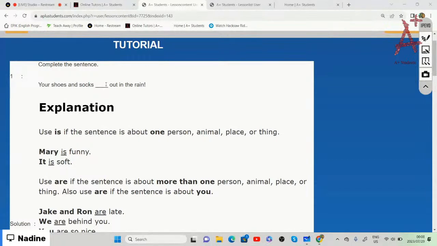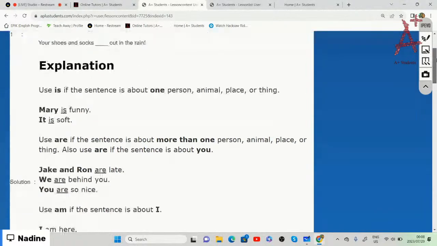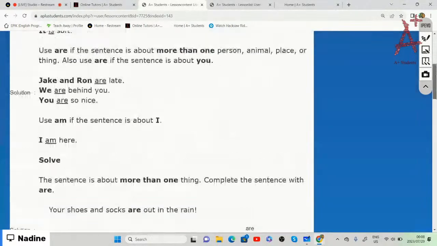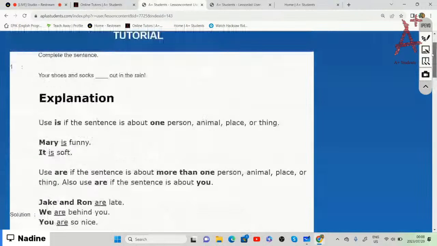Your shoes and socks. We need to use the word is, am, or are: "out in the rain." Your shoes and socks, right? So if we use your shoes and socks, it refers to more than one.